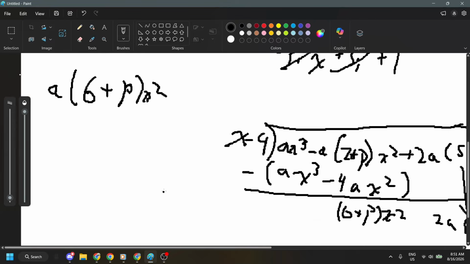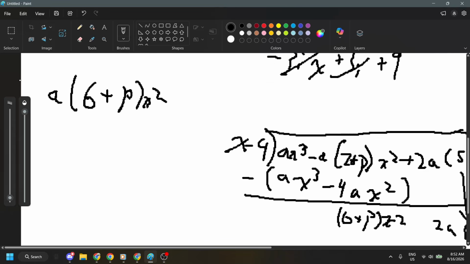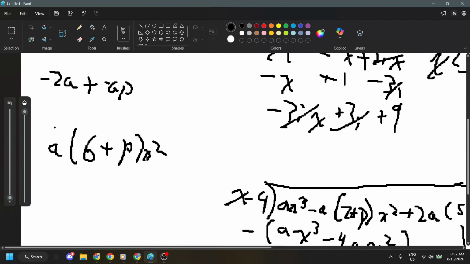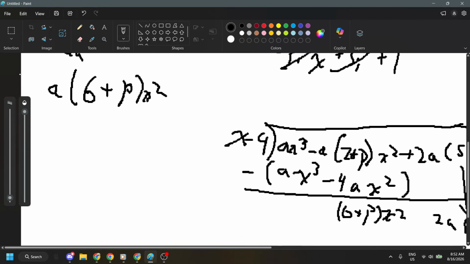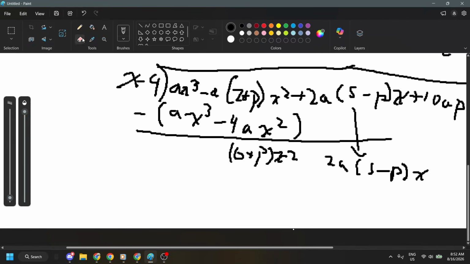Oh shoot, if we put this in, it'd be minus 2ax squared minus apx, and then we are adding plus 4a. Okay, so this is just going to be positive 2a, and that's going to be minus p.